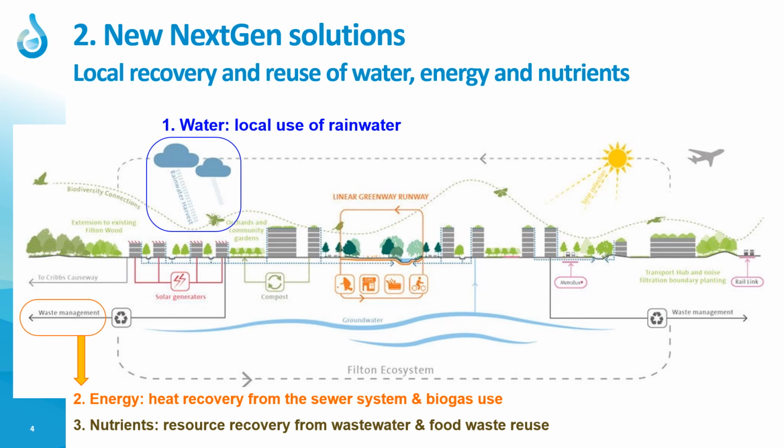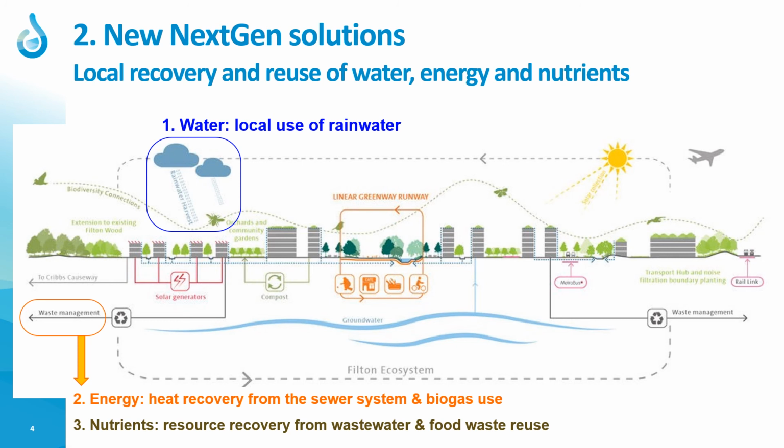So the Filton ecosystem includes water, which is local use of rainwater from rainwater harvesting, and energy recovery, which means low-grade heat recovery from the sewer system, and also we are considering biogas reuse for heating.